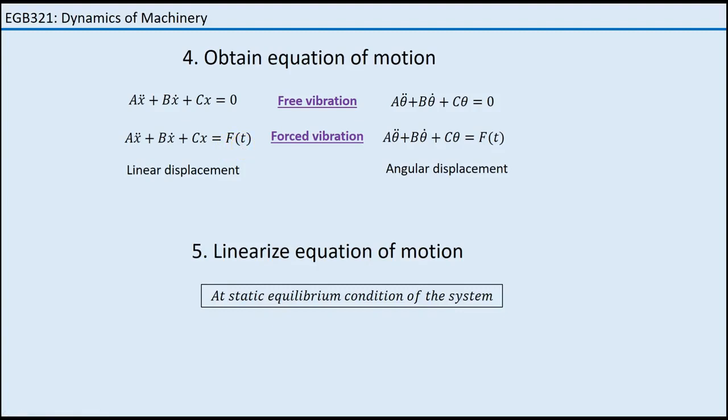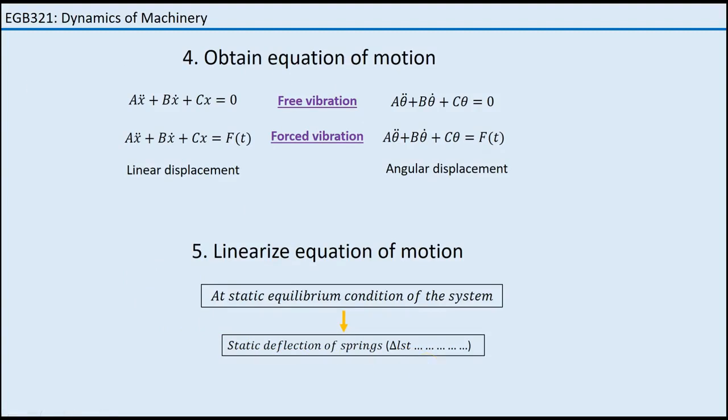In the next step, which is the linearized equation of motion, what we need to do is consider a static equilibrium condition of the system, which is mentioned in the problem in most cases. So we use that static equilibrium condition and impose it on the equation of motion, and we should get the static deflection of the springs.